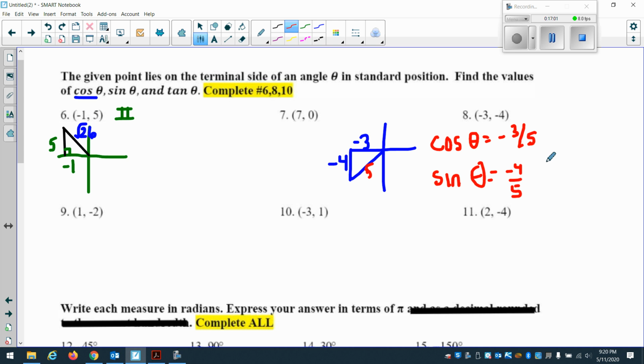And then you have tangent, which is opposite over adjacent, sorry. And it should be positive because you have a negative over a negative, which gives you a positive. So you would do the same thing in number 10. You have negative 3 and 1. That's in quadrant 2. Okay.